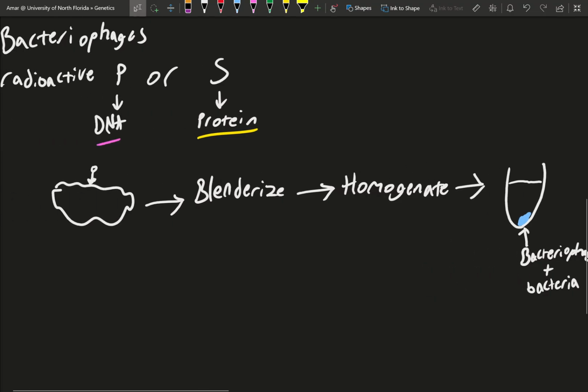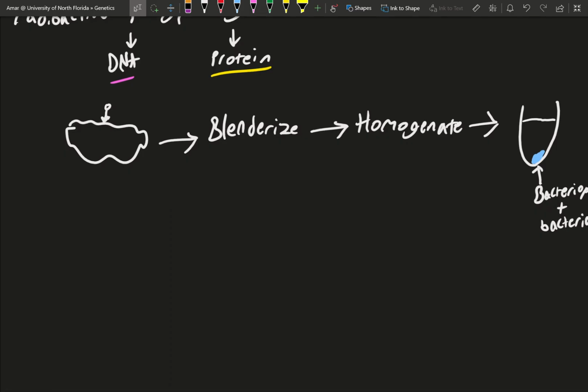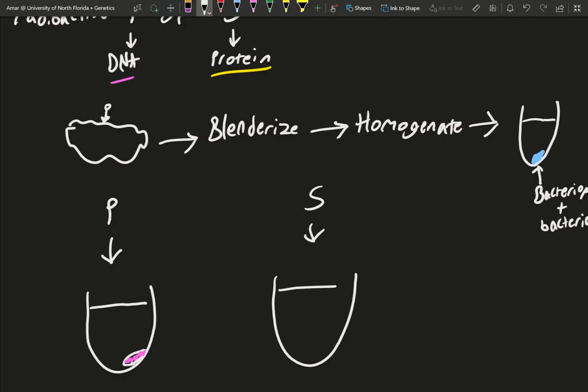So what happened was that in their radioactive phosphorus group, so their P group, if we drew the tube again, we ended up seeing all the radioactive phosphorus glowing on the bottom of the tube, whereas the sulfur group, we ended up seeing something different.